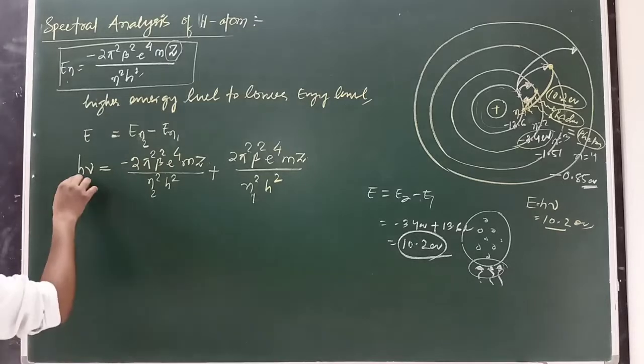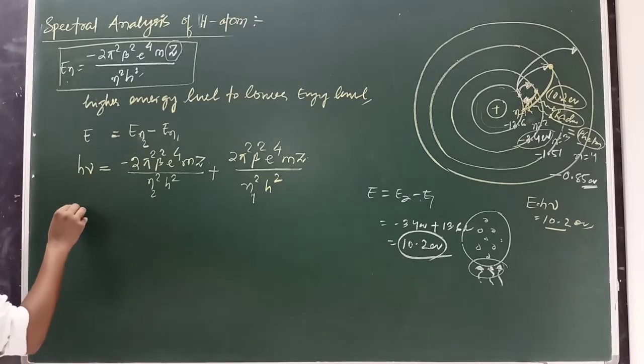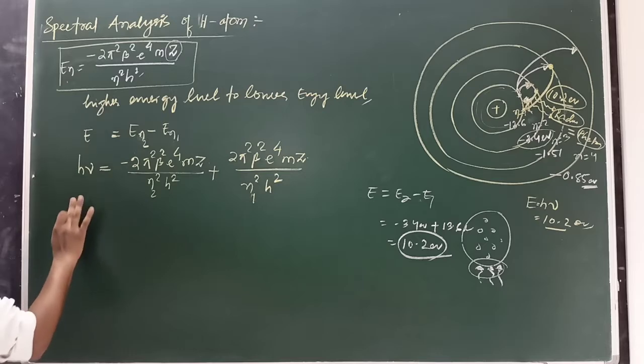Clear? And this h nu can be written in terms of wavelength, because we will find the spectrum of light in terms of wavelength.